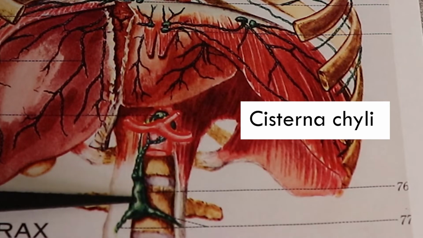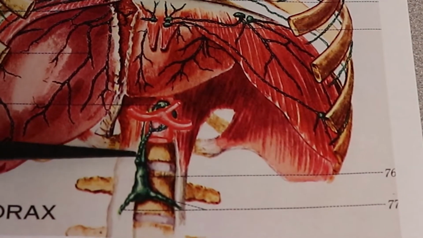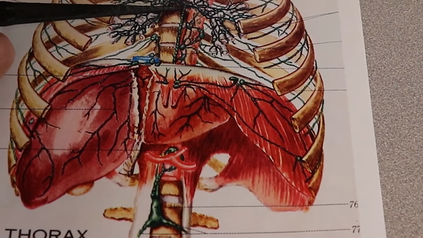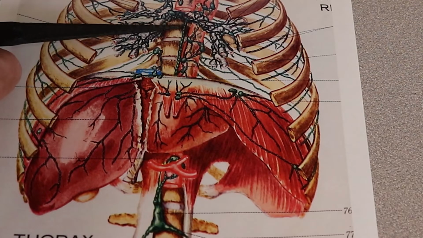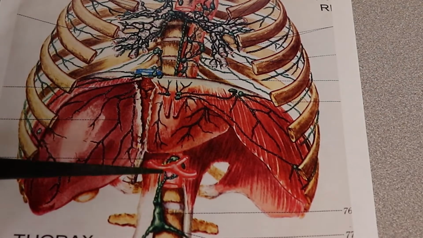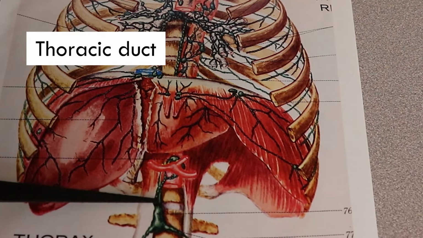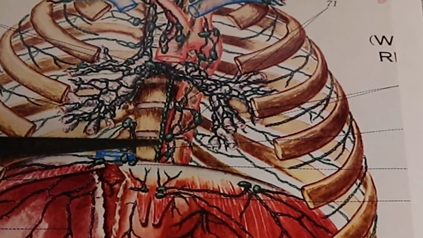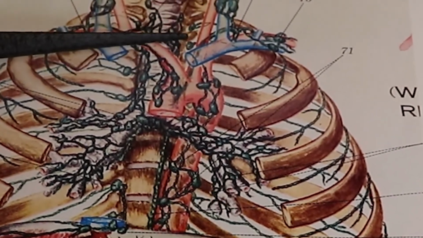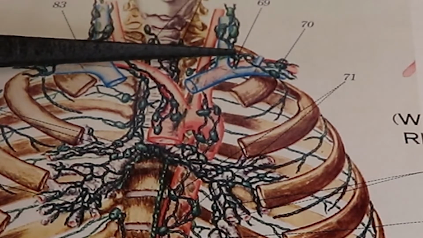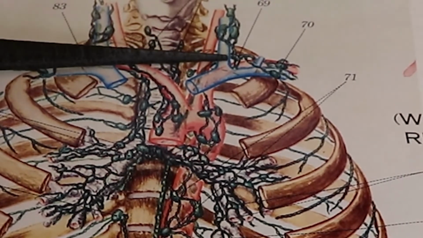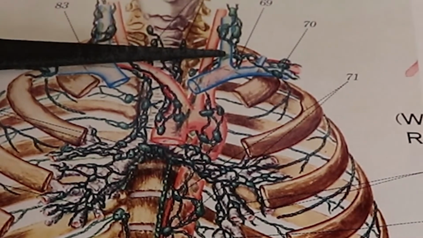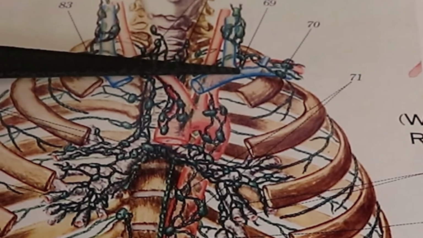And the cisterna chyli gives rise to this, what looks like a lymphatic vessel but is not. That is actually one of the lymphatic ducts. Okay, so this one is called the thoracic duct, and it starts at the cisterna chyli, and it ascends through the thoracic cavity, goes up, circles around behind the jugular vein, and then empties into the venous system right at the junction of the left jugular and left subclavian veins.